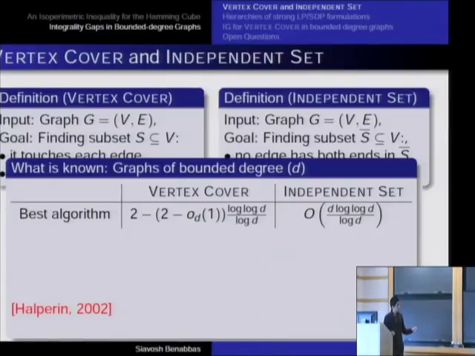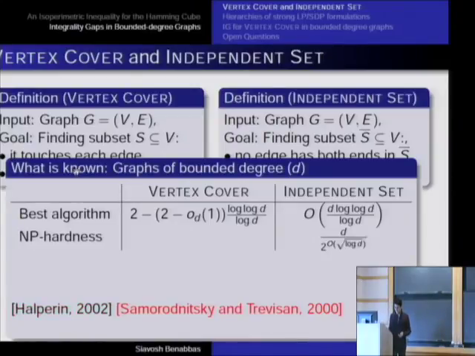So in independent set, you save a factor log d over just the trivial greedy algorithm. Again, these two algorithms are semi-definite programming type of algorithms. And there is some NP hardness known. It's not very strong.